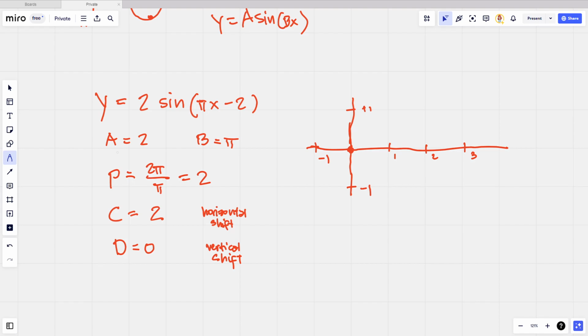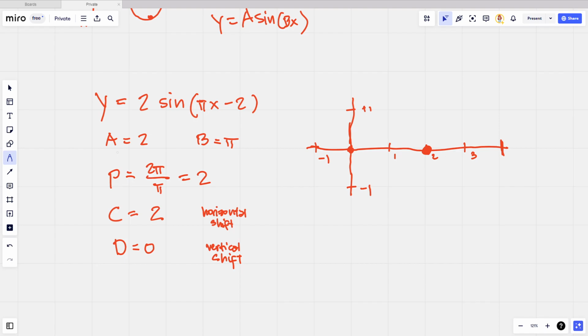So from there, plotting the point, we start at the horizontal shift. So first, plot the horizontal shift. The horizontal shift is 2, right? So we start here at 2. And then, what's the period? The period is also 2. So what we're going to do is count from the horizontal shift and add the period.